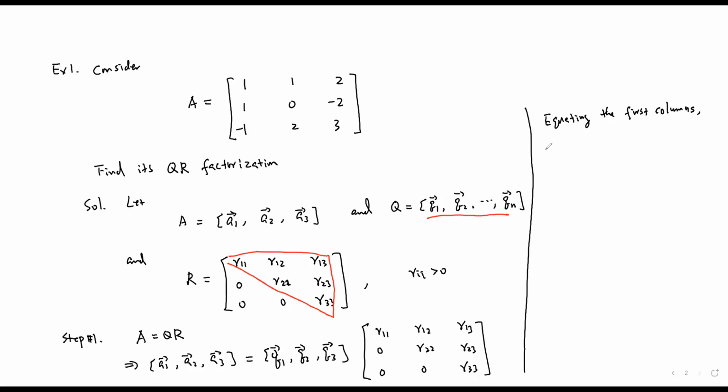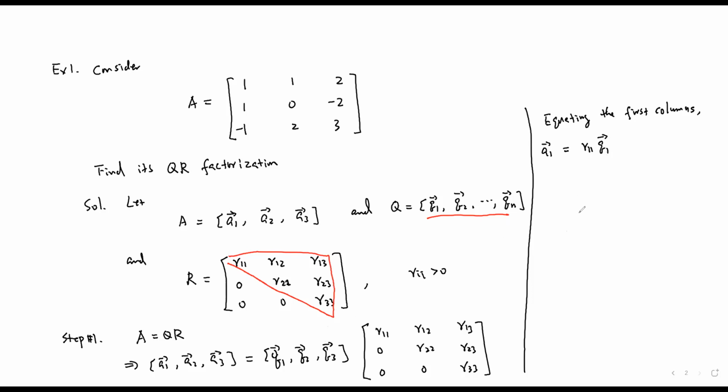Then the left side is A1, equal to the right-hand side: this matrix times this matrix, whose first column is R11 times Q1.